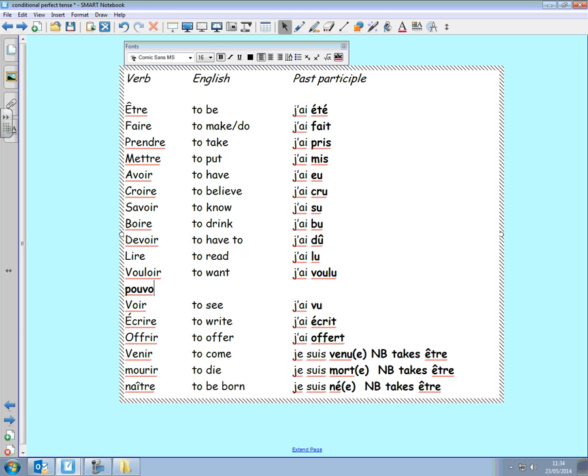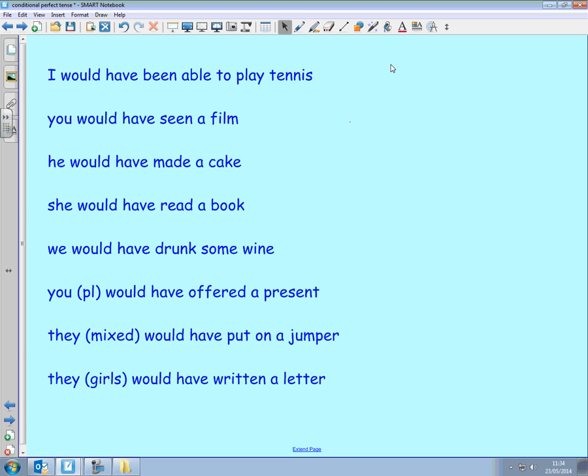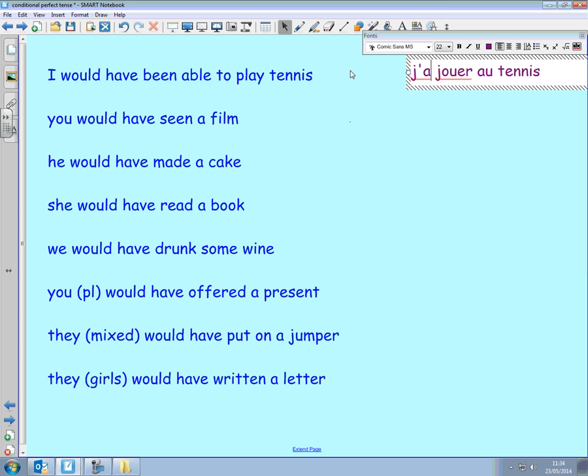So pouvoir, to be able to, means j'ai pu. Okay, all work in the same way. So you want to have j'aurais pu jouer au tennis. I would have been able to play tennis.